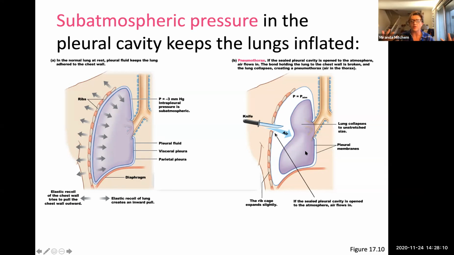Even if the lung is re-expanded, that could affect the ability of that tissue to work properly in the future. So a good way to demonstrate this, let me just pause for a moment and I'll be back with an example to help show you how this works.